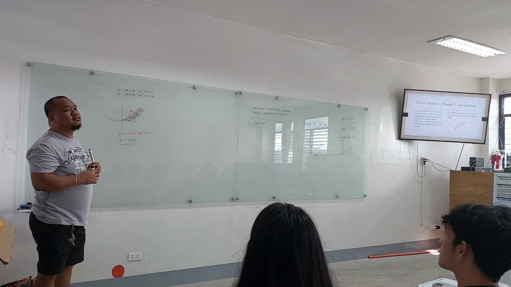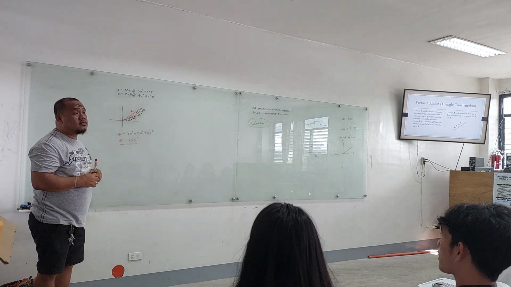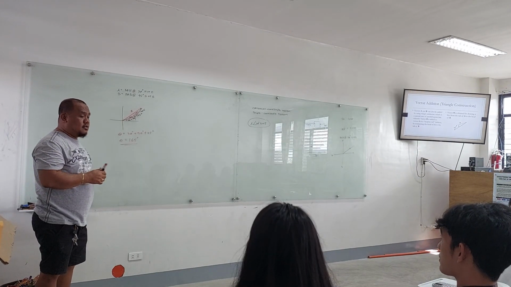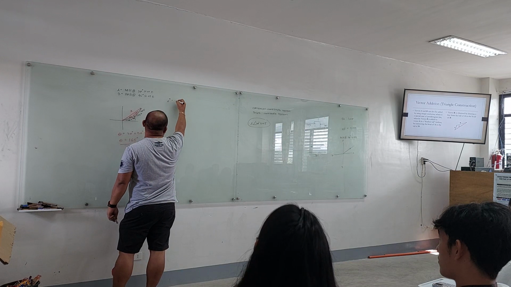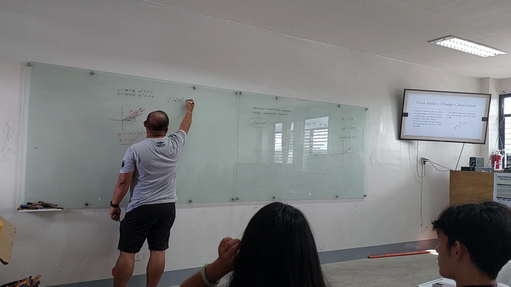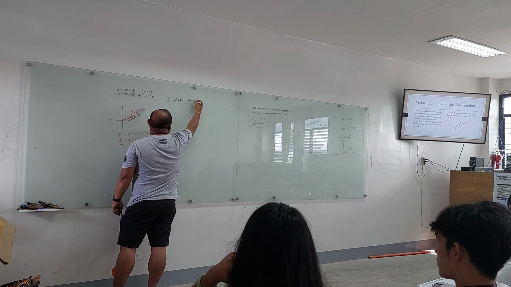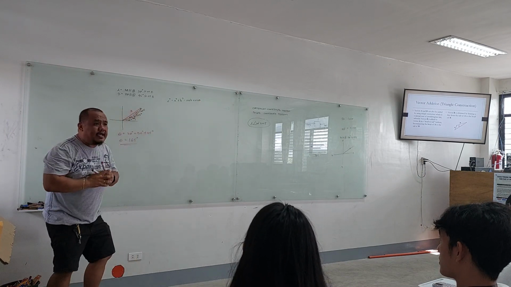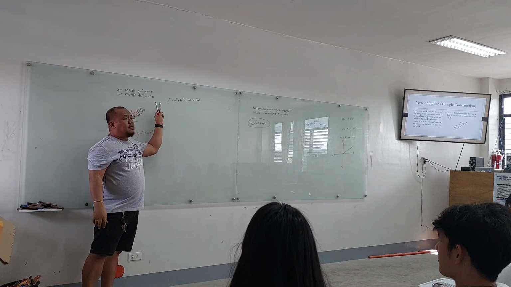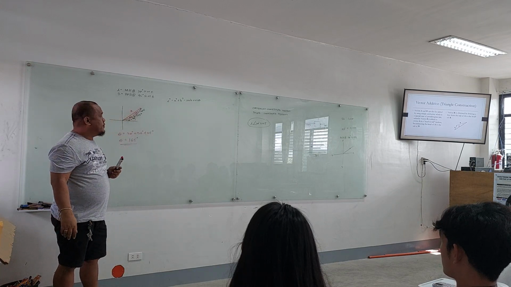Using cosine law, we have c squared is equal to a squared plus b squared minus 2ab cosine of theta, wherein the angle theta should be opposite to the side that you are looking for.